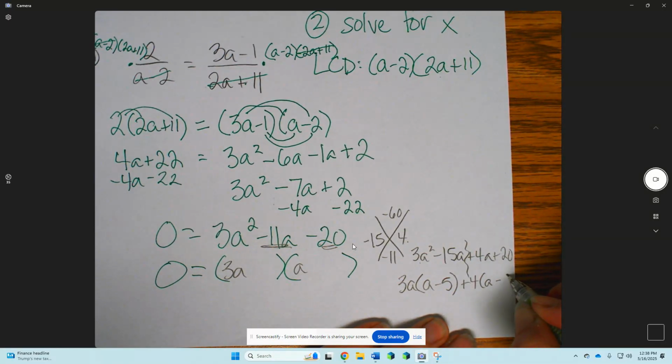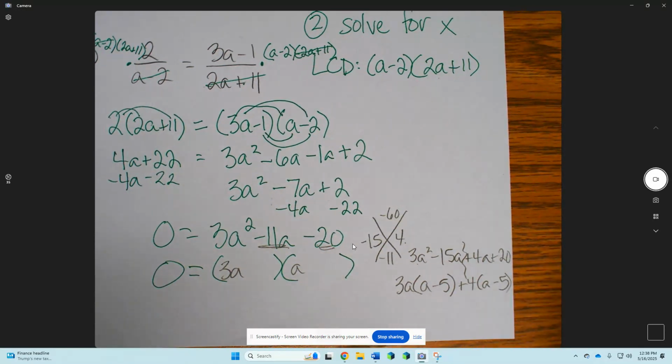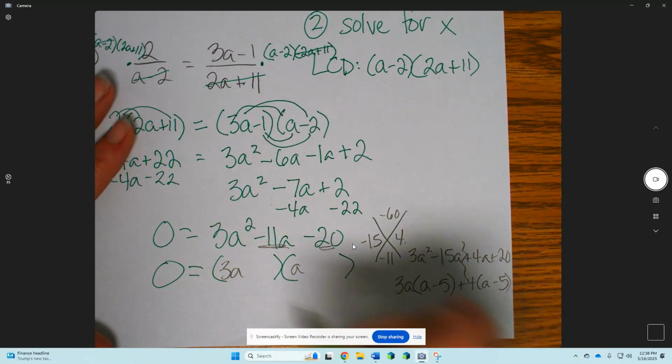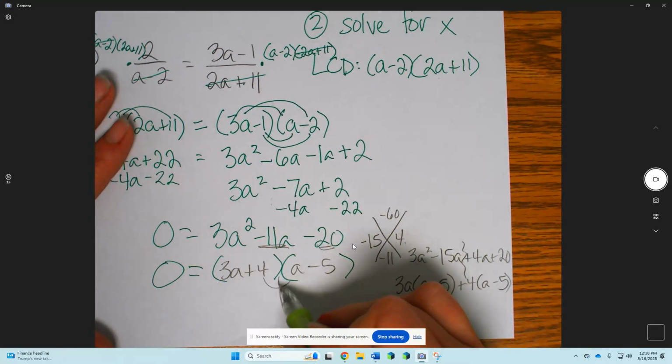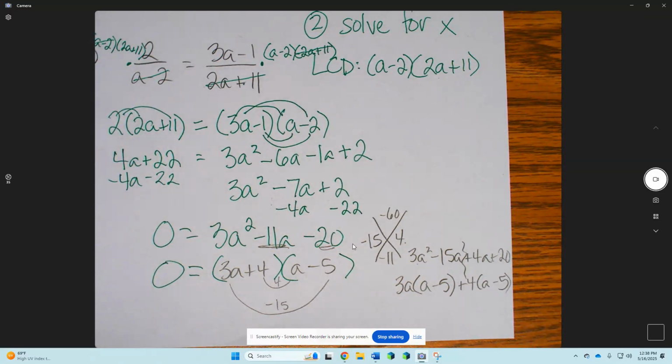Why is it not, this plus sign and this minus don't match up? I don't know why that is right now, actually. So I'm just going to 3a plus 4, a minus 5. 4, negative 15. That's right. Okay, this is right.